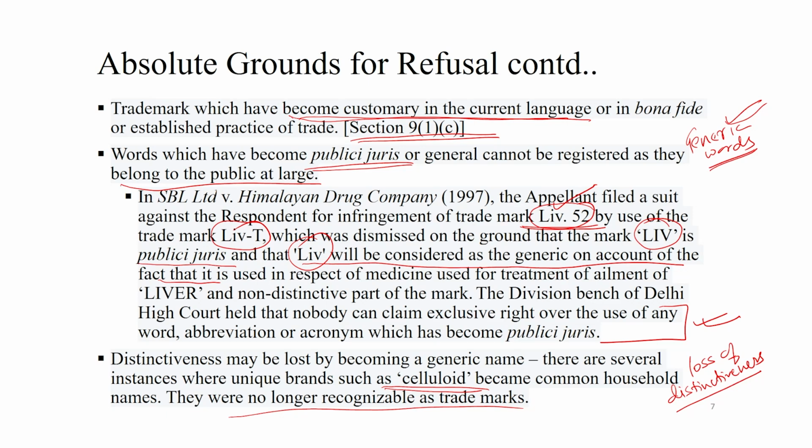For example, take any word which is becoming generic, as I mentioned in the previous class, suppose there is this Dettol initially, and it is a distinctive word, but if we start using this word for any antiseptic liquid, it means Dettol has lost its significance and it has become a generic word.